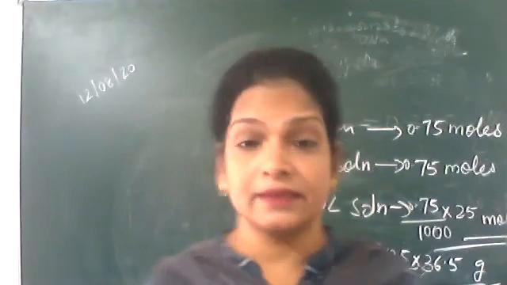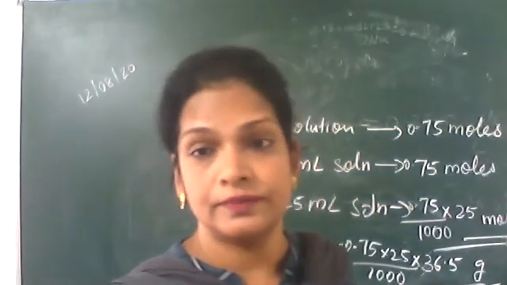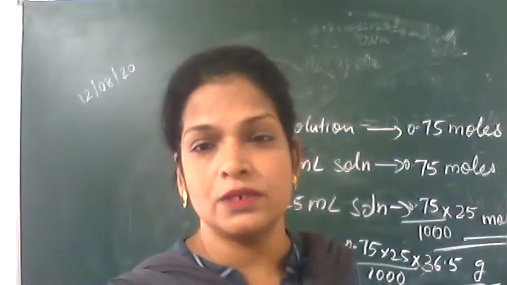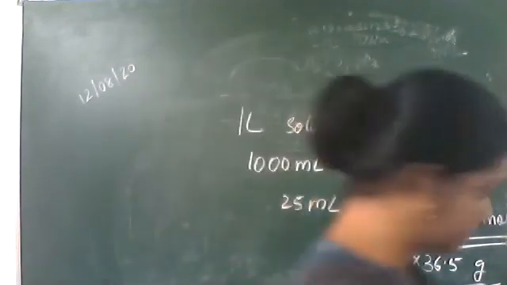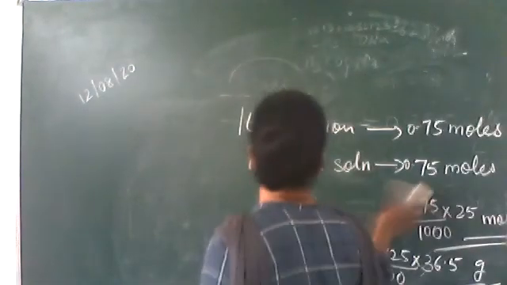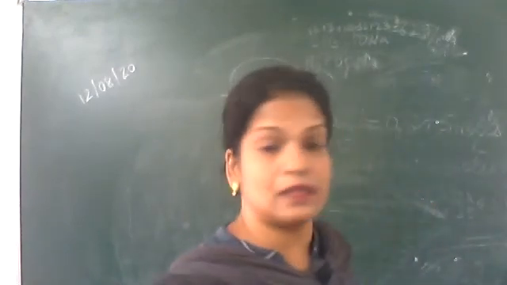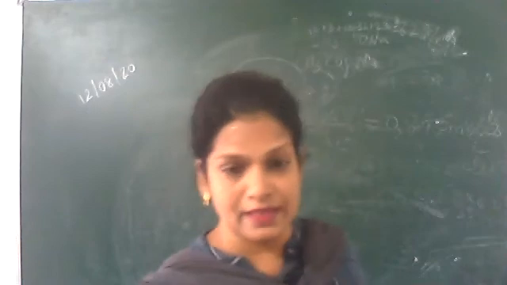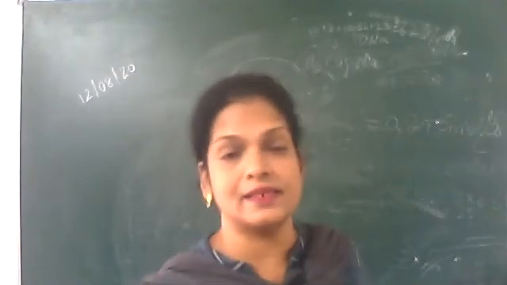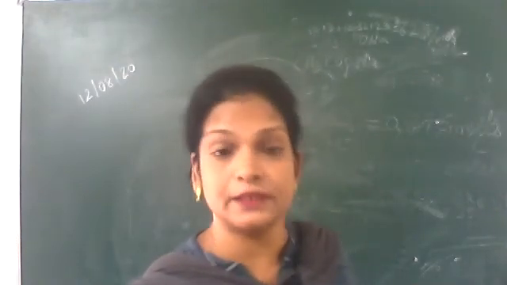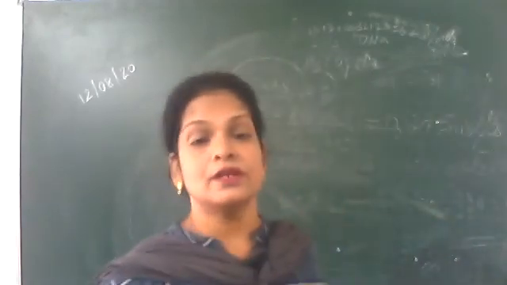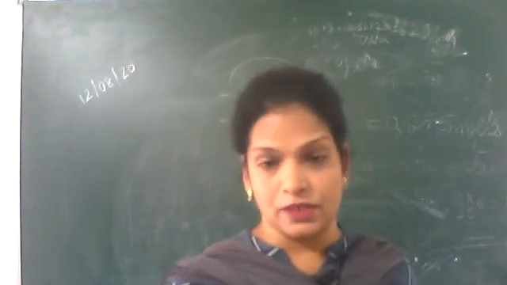Okay, next is dilution formula. You can make a less concentrated solution from a highly concentrated solution. A higher concentrated solution is called stock solution. From this stock solution, you can make a dilute solution.